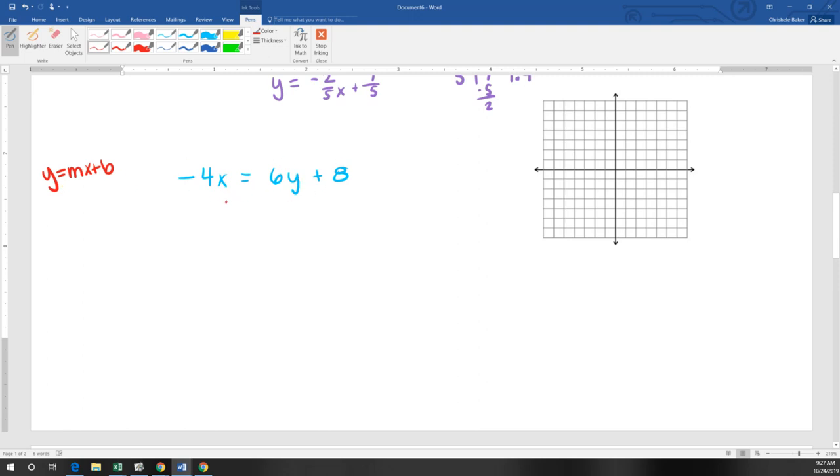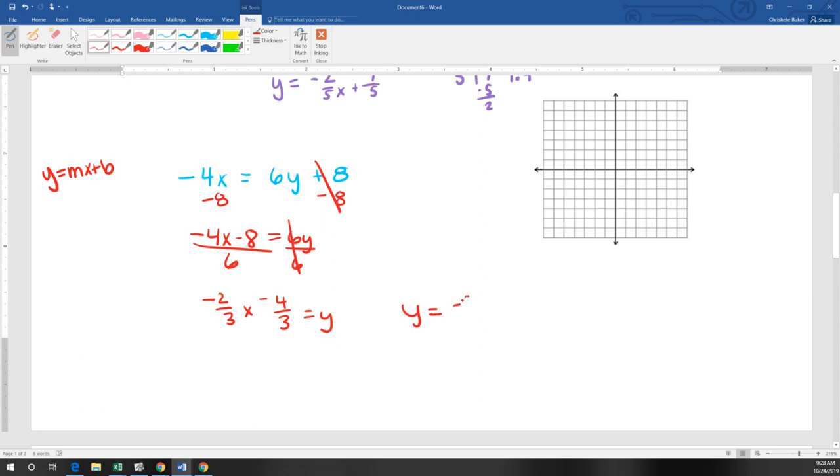Get everything else away. How do we do that? Subtract 8. Do not combine those. They're not like terms. Divide by 6 on both sides. Negative 4 over 6 reduces to negative 2/3. Negative 8 over 6 reduces to negative 4/3.